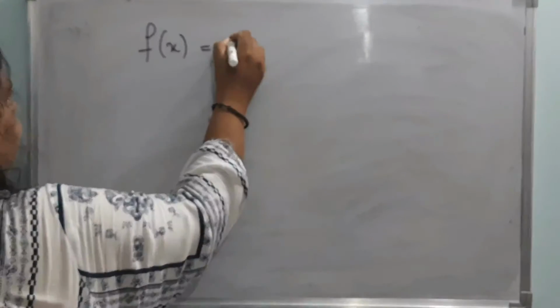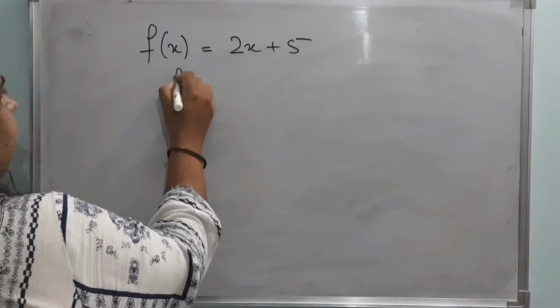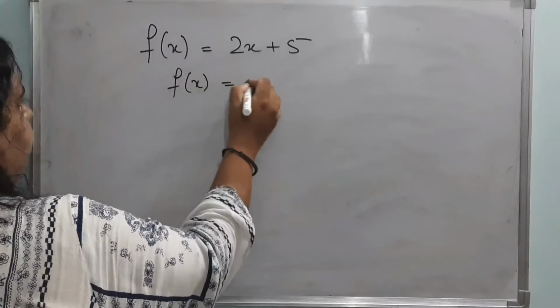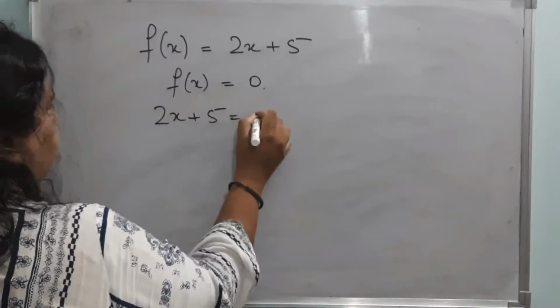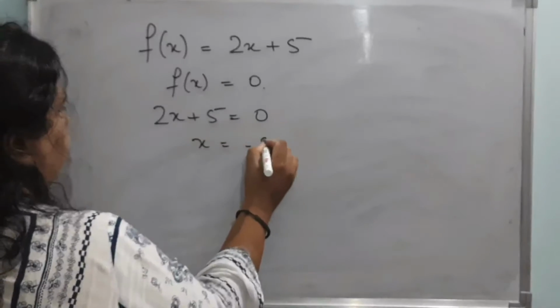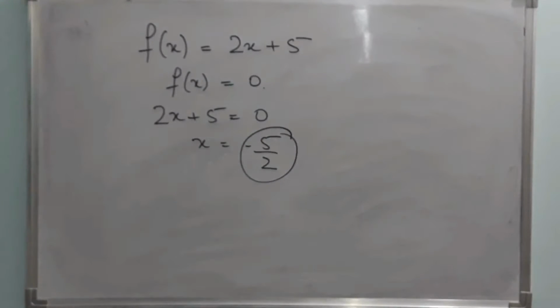Suppose f(x) equals 2x plus 5. Zero of a polynomial means f(x) must be equal to 0. So 2x plus 5 equals 0, x equals minus 5 on 2. So this is the zero of a linear polynomial. This is the method. Now let's take a quadratic equation.